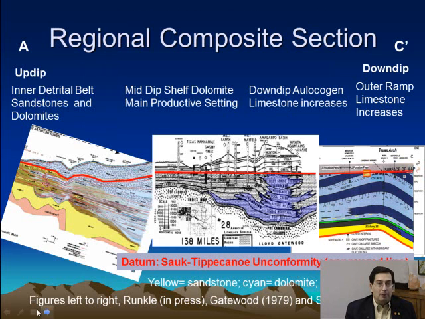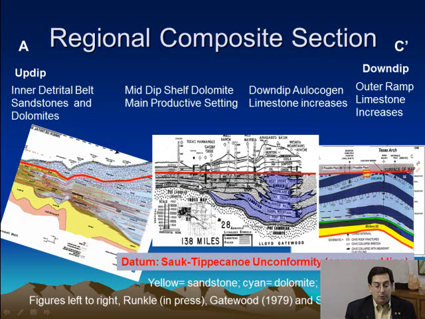The red line represents the Knox unconformity, and that is a stratigraphic reference point, and we can see that the dolomite is cyan, and the interbeds of sandstone and dolomite occur in an up-dip position. That is important in basins like the Michigan Basin, where the Prairie du Chien has interbedded sandstones and dolomites.